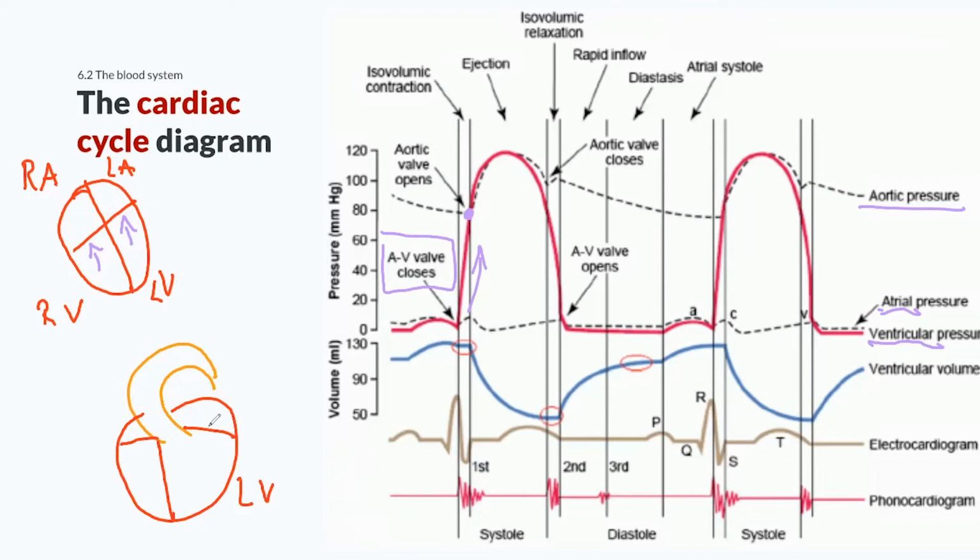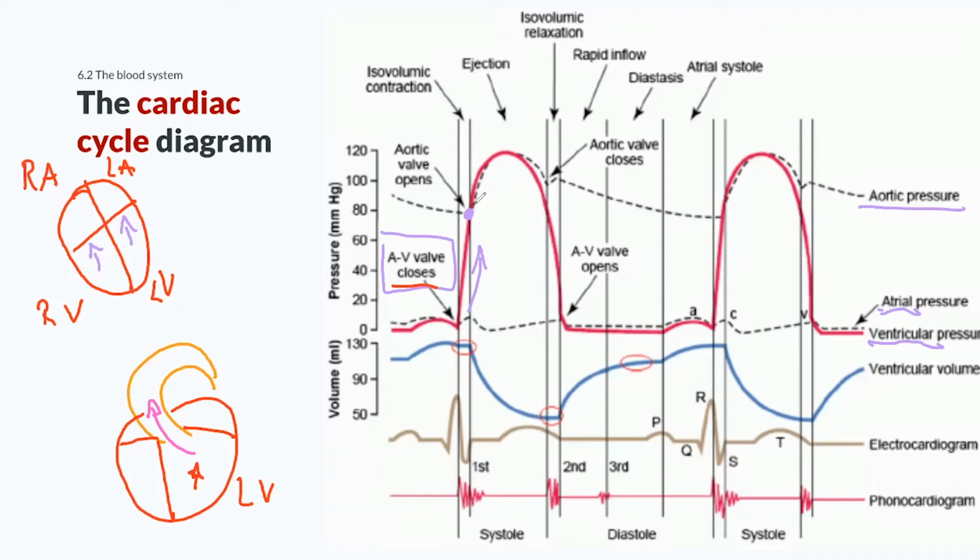Because here you do have a valve. We have the left atrioventricular valve, but we saw that it's closed. Because the pressure inside this ventricle is higher than the pressure inside the aorta, the blood is pushed out of the ventricle into the aorta.